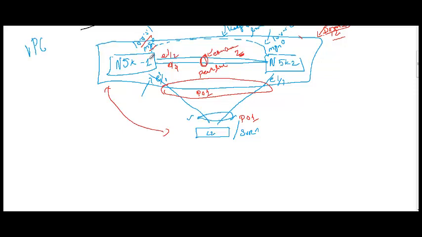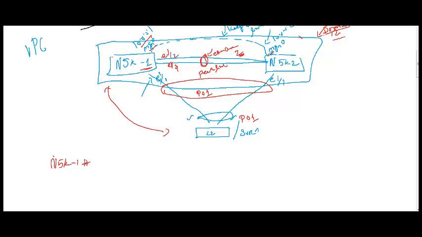So when I try pinging from Nexus 5K1 to Nexus 5K2, I must source it from the VRF management. Say for example, if I am in Nexus 5K1, I want to first of all test whether I'm able to ping Nexus 5K2.